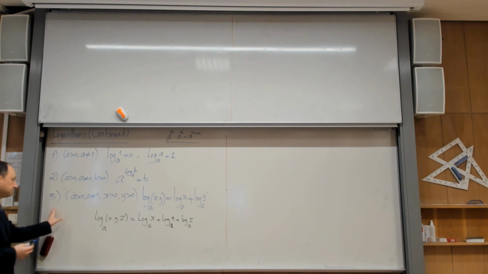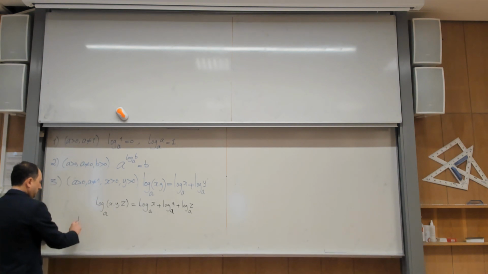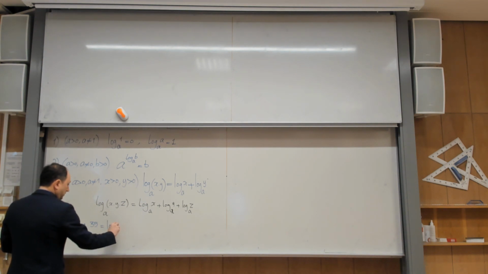For example, let me take log of 35 in base 3. I'm not saying why we should do that, but assume that you want to. Instead of 35, you can write 5 times 7 in base 3.